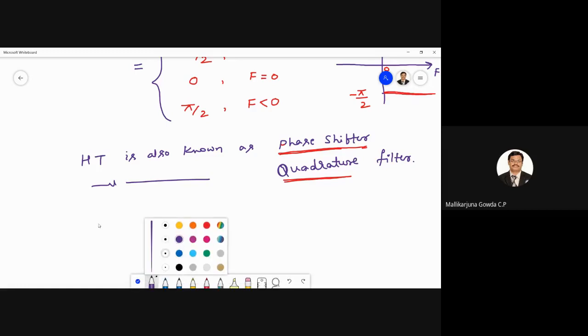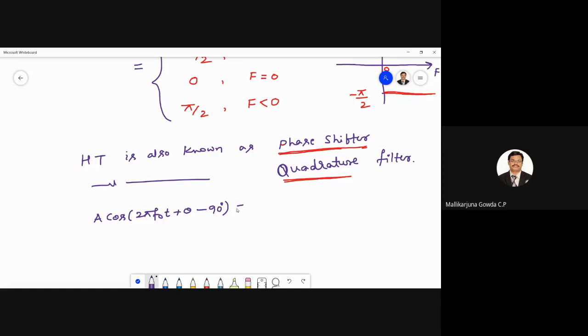We take some amplitude; any amplitude is not affected. A into cos of 2 pi f naught t plus theta, then minus 90 degree, which is equal to what I can write? Can I write this as A, the amplitude, sine of 2 pi f naught t plus theta? Is this fine?